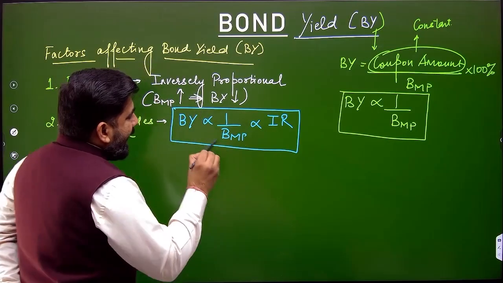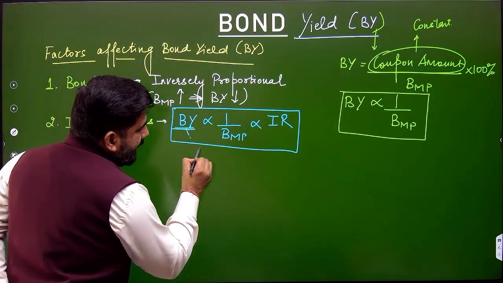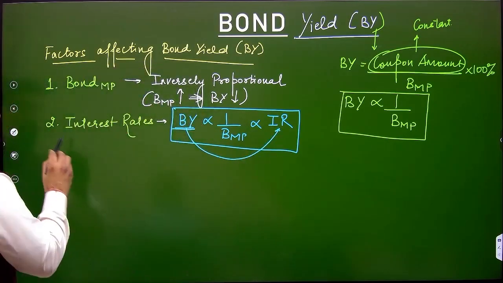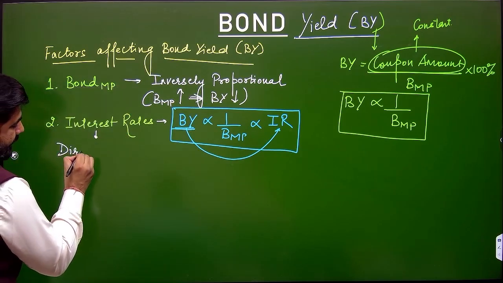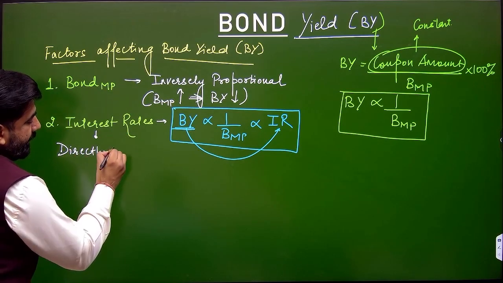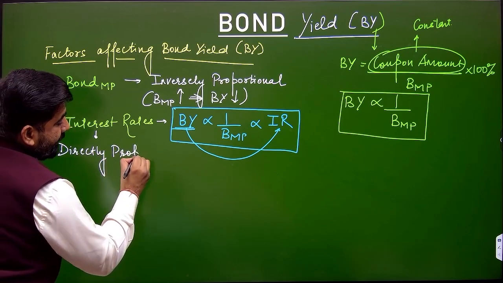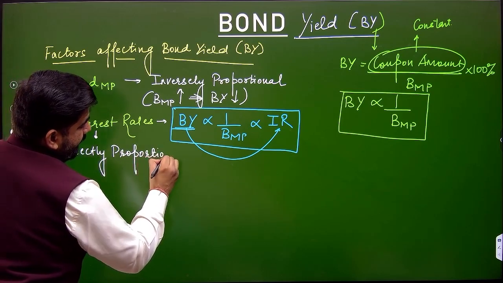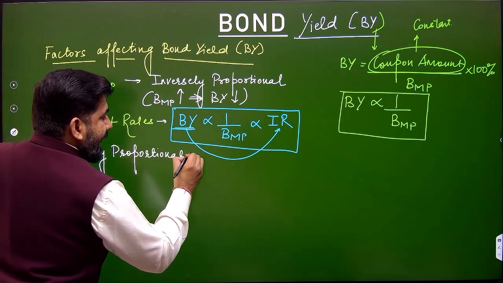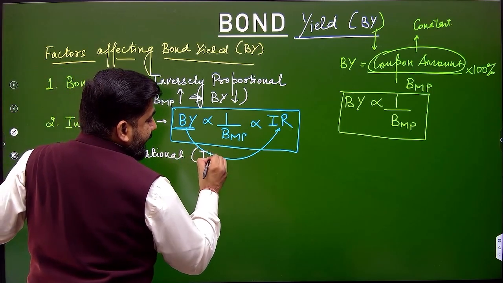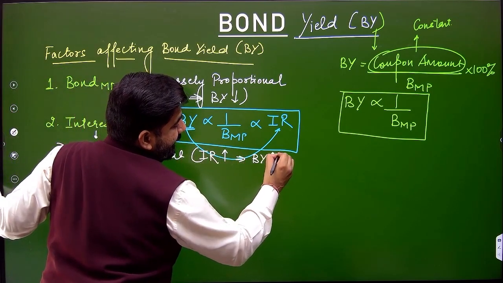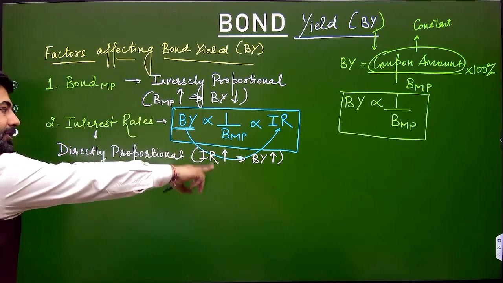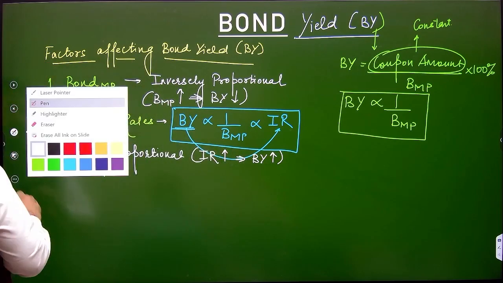So I can say that bond yield is directly proportional to interest rates. Clear? Thereby, if the interest rate in an economy increases, the bond yield will increase, and if the interest rate decreases, the bond yield will decrease.